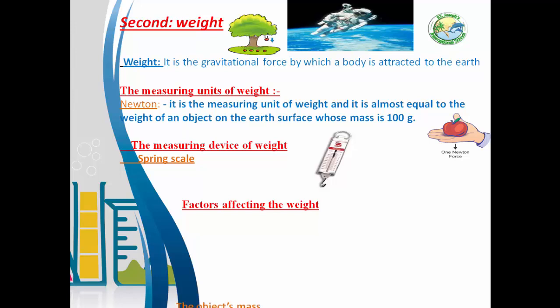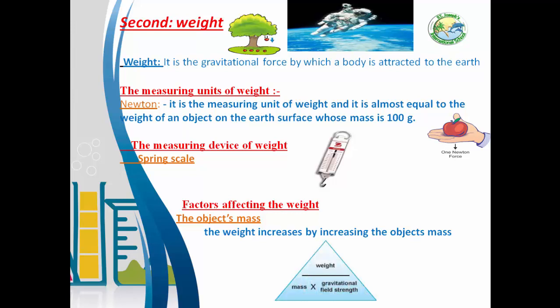The first factor is the object mass. By increasing the mass of the object, weight will increase. And we can calculate weight by saying that weight equals mass times 10.